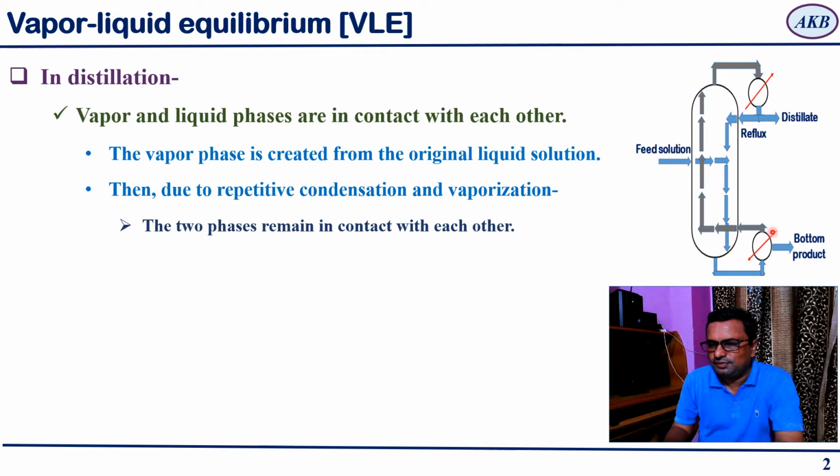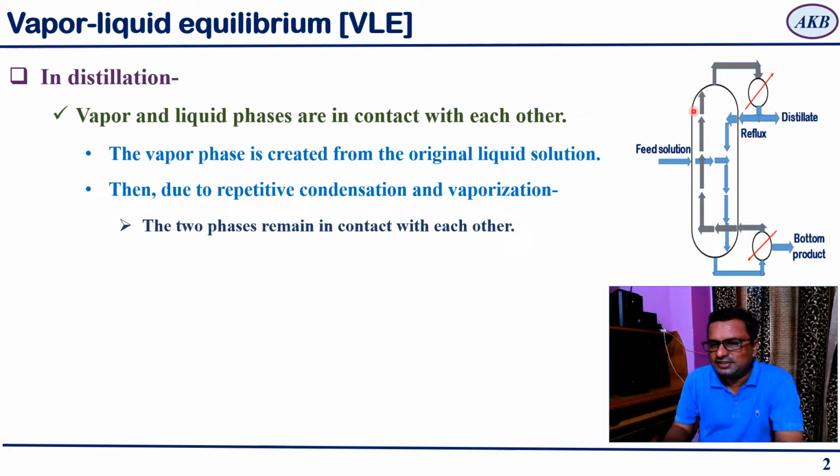So within the reboiler there is continuous boiling of the liquid solution, and within the condenser there is continuous condensation of the vapor phase. The reflux that comes into the column flows down, gets added to the feed solution, and again goes to the reboiler where boiling takes place.